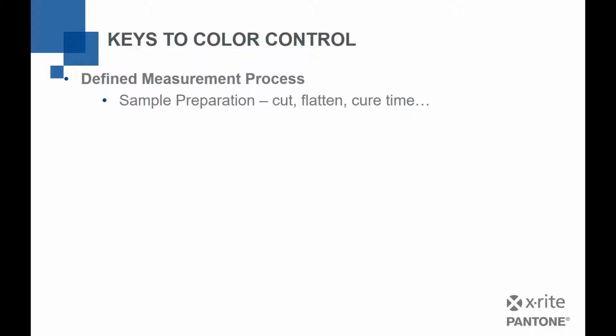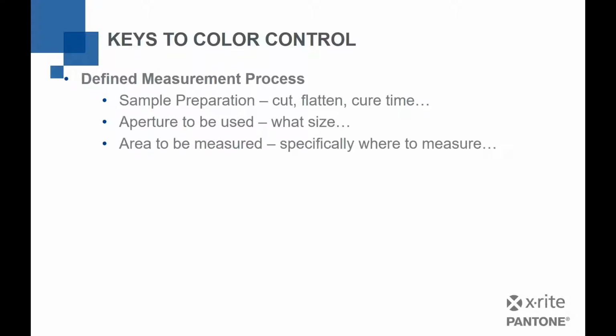Because cement changes color for several days, and we can't necessarily wait several days to measure. So we might want to define at what time frame we're going to do measurement. What apertures are to be used, what size, how big of a measurement area are we going to use? It depends what I'm trying to accomplish, right? And then the area to be measured, specifically where.